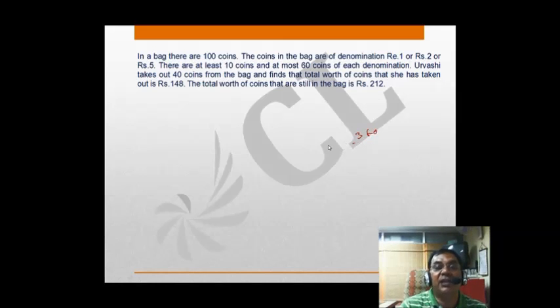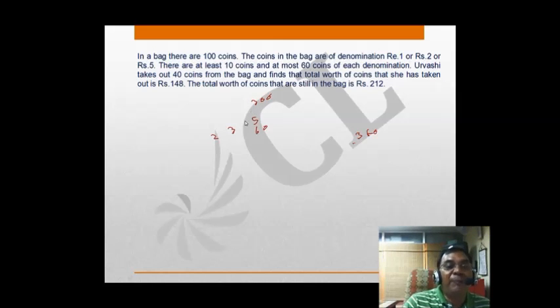Here I say make cases, and I teach something called the variance concept. So if I put it 2, 3, 5, for the 5 rupee coin I go for maximum, so it will be 60. That will account for 300 rupees.